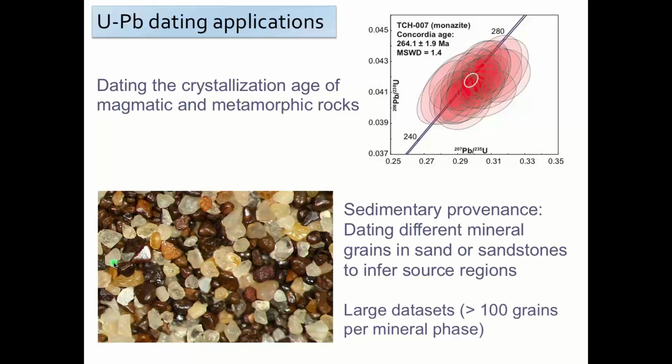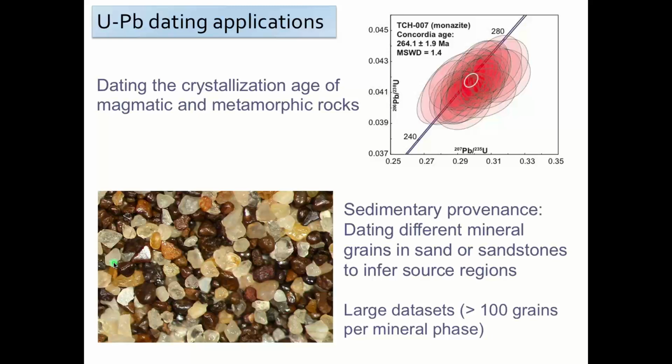But recently, people are undertaking more and more sedimentary provenance studies, which involve dating different mineral grains in sands or sandstones to infer where the source of the sand or sandstone was. If you know something about the uranium lead systematics of the source region, its characteristic uranium lead age signature, then you can infer where the sand came from.